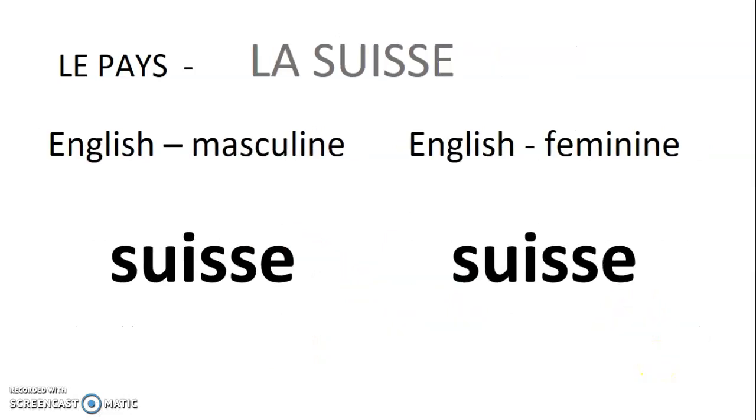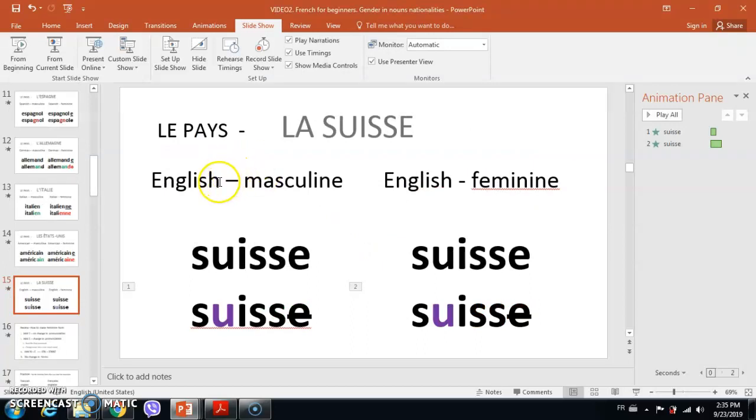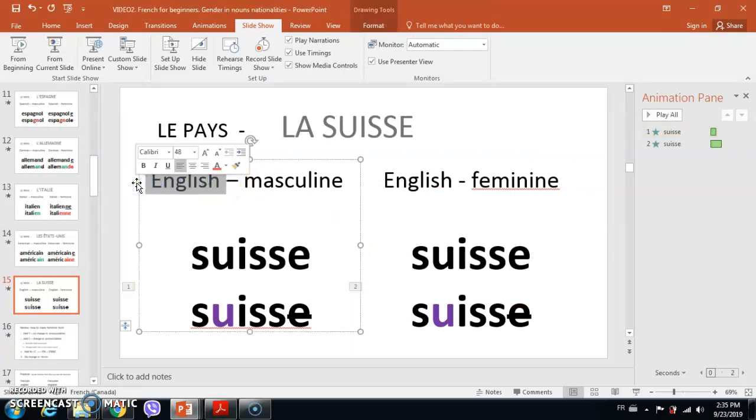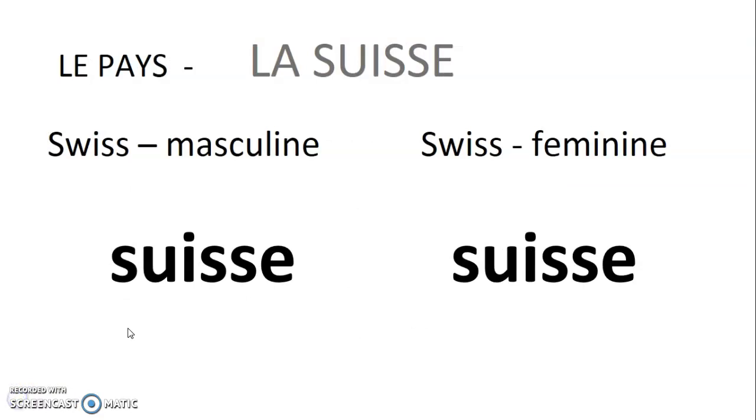And the last country is la Suisse, Switzerland. And in this case, it's easy because you have two same forms. Whenever a masculine form ends in E, there is no reason for us to add an extra E, so these two forms are the same, Suisse.